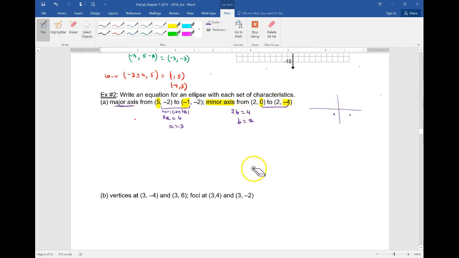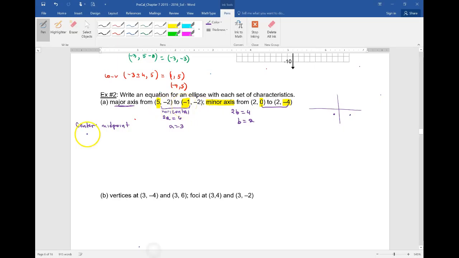Now, what's the center? The center is exactly in the middle of any of the pairs of points. Okay? So the center, that's the midpoint of any of the pairs. All right? Let's find the midpoint of these two.